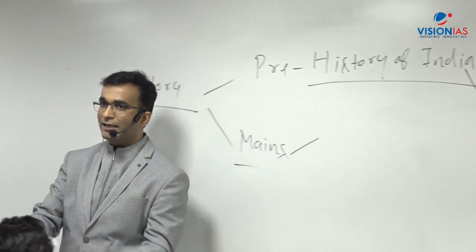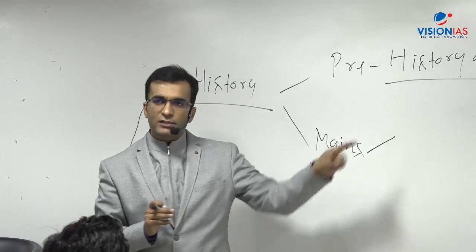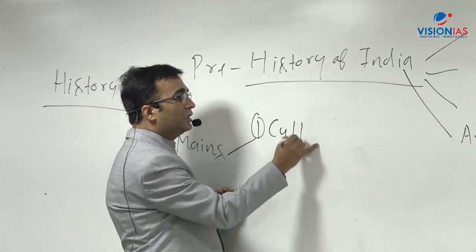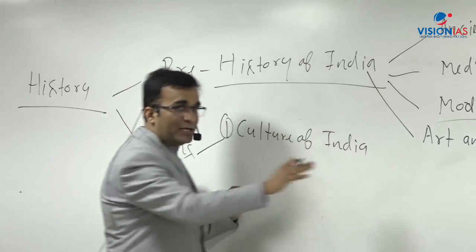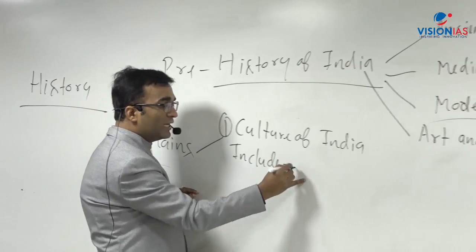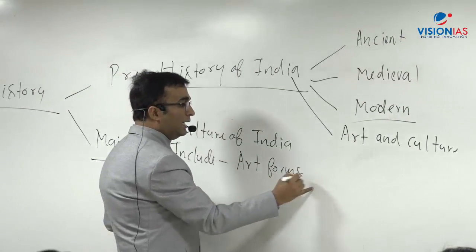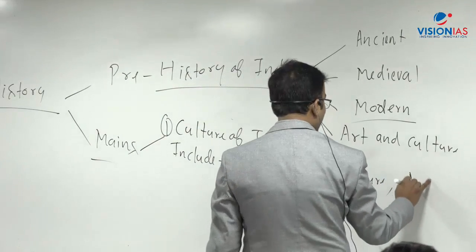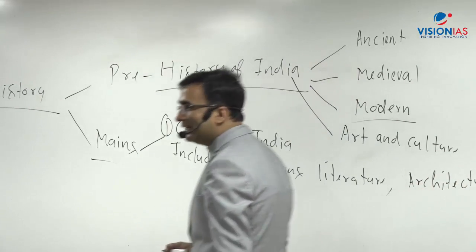In GS Paper 1, the very first thing mentioned is the culture of India, which will include art forms, literature, and architecture. This is what is mentioned in the culture part.